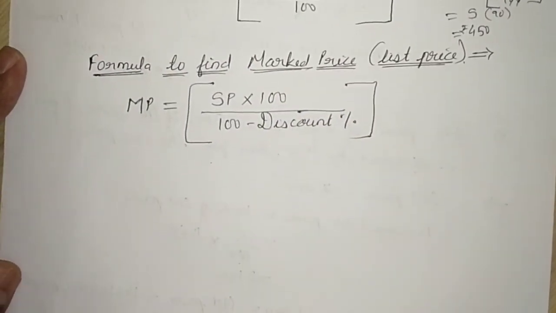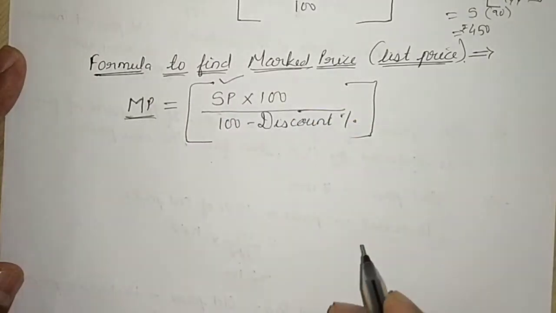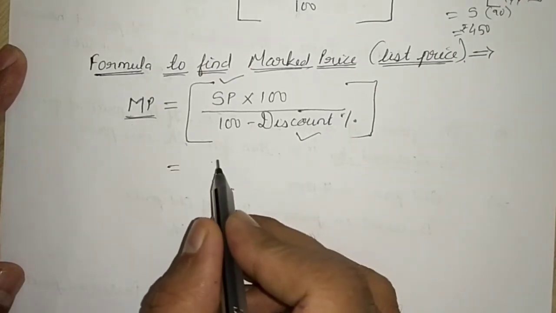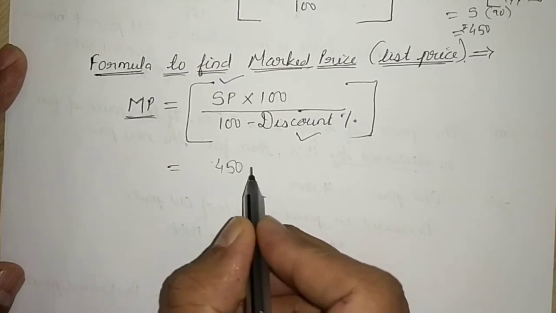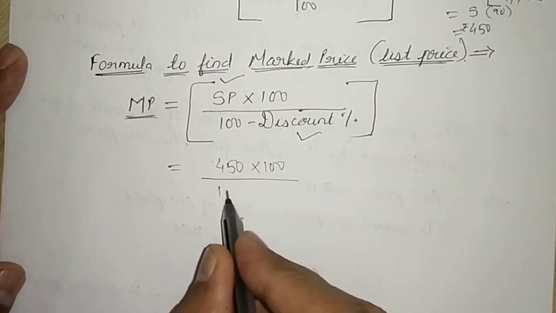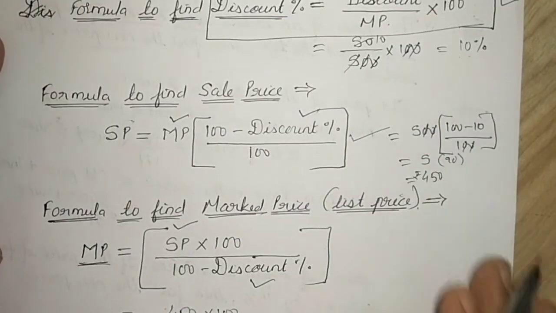Now let us say we don't know the marked price. We know the selling price and we know the discount percentage. So how to find the marked price? Let us calculate. Sale price 450, multiplied by 100, divided by 100 minus the discount percentage, which was 10.